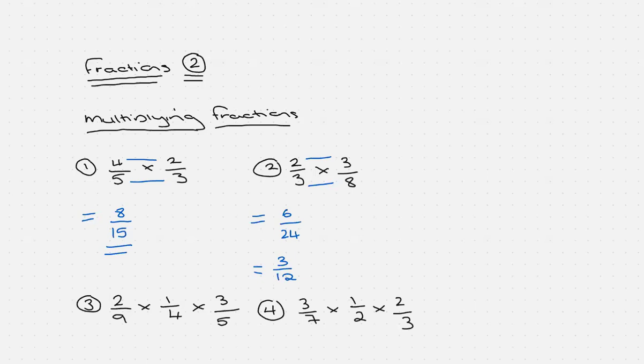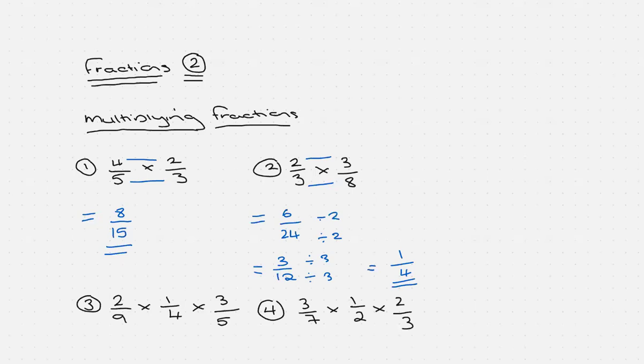This time divide by 3. And it equals 1/4. So if we look at 6 and 24 originally, we could have got our answer sooner by dividing both top and bottom by 6. But it doesn't matter how you get to the answer as long as you make sure you simplify them all.